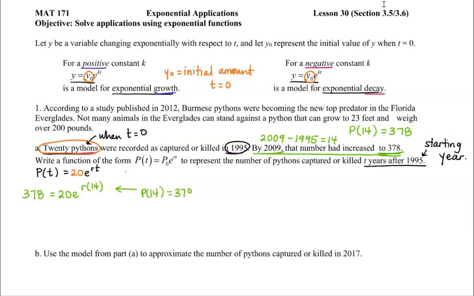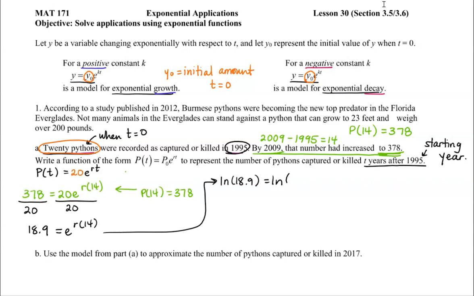Now we can use this equation to solve for r, because in the previous lesson we learned how to solve exponential equations. I'm dividing both sides by 20 to get the exponential by itself. Now I'm going to take the natural log on both sides, because I know that the natural log and e will cancel each other out and simply leave me with 14 times r on the right side.